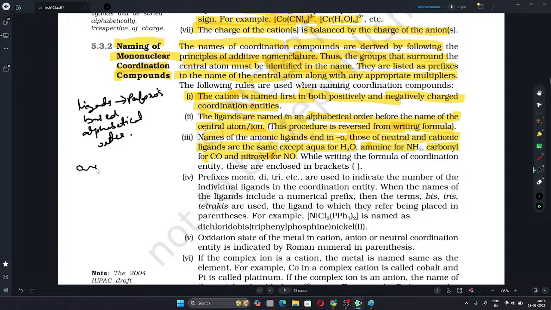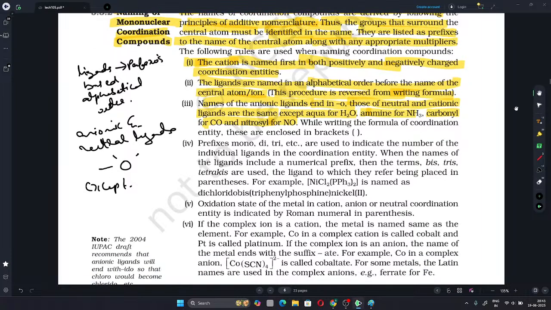For anionic and neutral ligands, the ending should be with -o, except for ammine for NH3, aqua for water, carbonyl for CO, carbon monoxide, and nitrosyl for NO. While writing the formula of the coordination entity, these are enclosed in brackets.